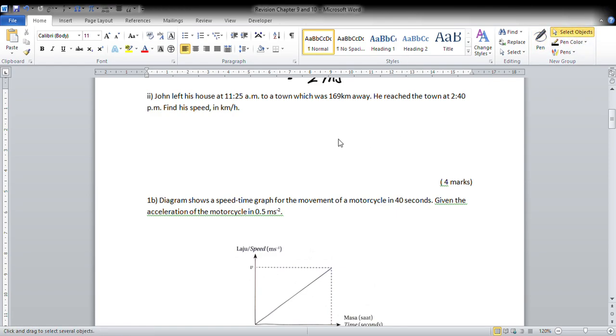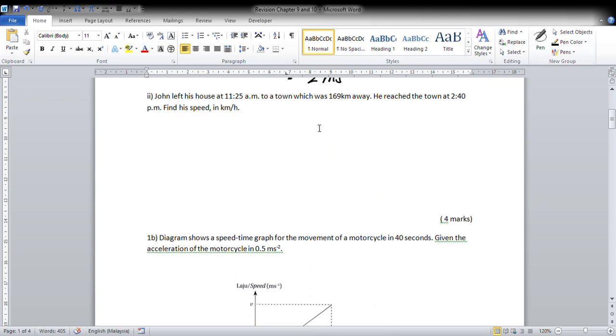John left his house at 11:25 in the morning, to a town which was 169 km away. He reached the town at 2:40 p.m. The question asks you to calculate the speed for John. To calculate speed, you have to know the distance, which is already given as 169 km, and then the time taken.